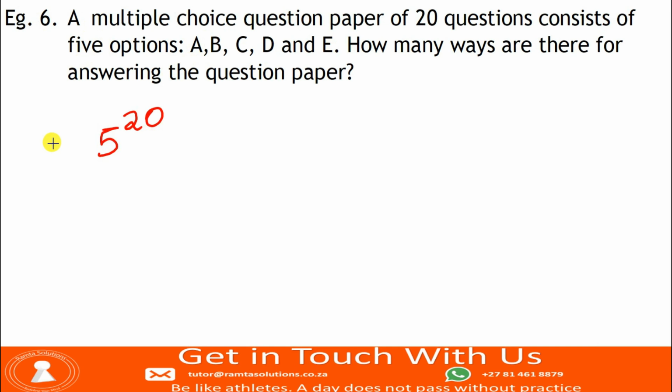That's your answer. When you press 5 to the power 20, your calculator will be giving you, correct to 2 decimal places, 9.54 times 10 to the 13 ways. Remember, you have 5 outcomes, but you're repeating them 20 times because you have a multiple choice question paper of 20 questions.